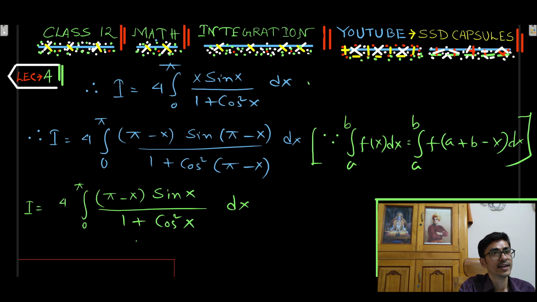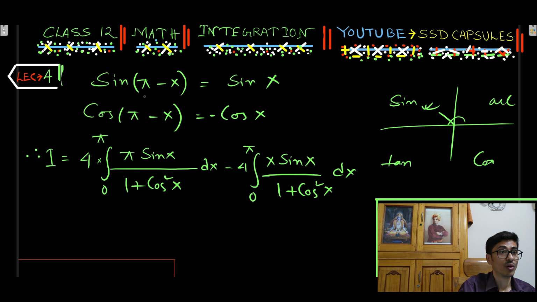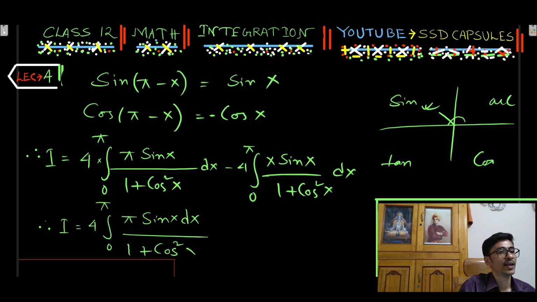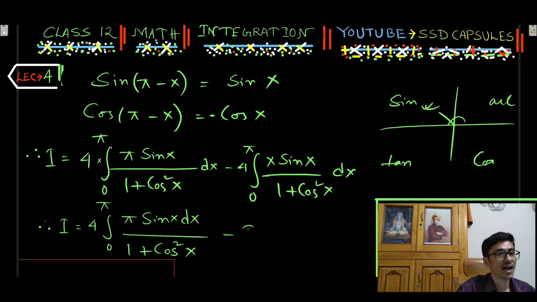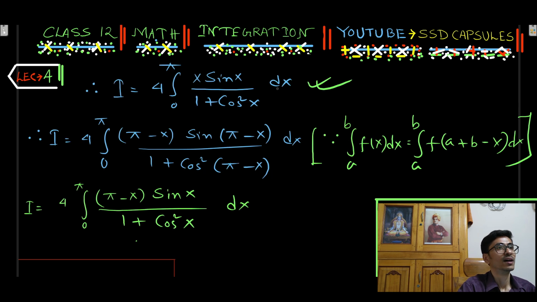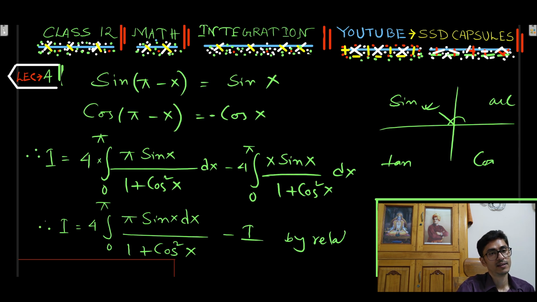Clearly it has been seen that 4 into 0 to pi x sin x by 1 plus cos square x equal to I. So therefore I equal to 4 into 0 to pi sin x dx by 1 plus cos square x minus, see previous page, I equal to 4 into this, so here minus I. We just simply name this as relation A, capital A. Hope you have understood up to this.